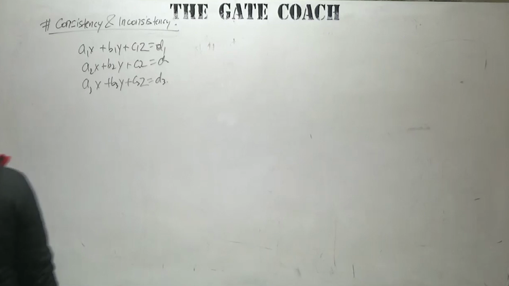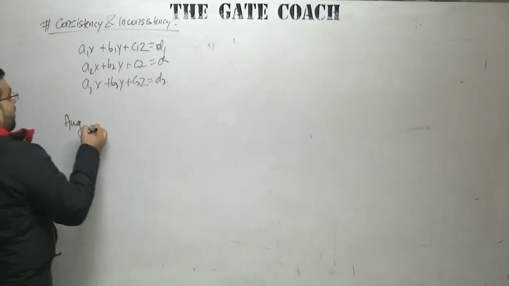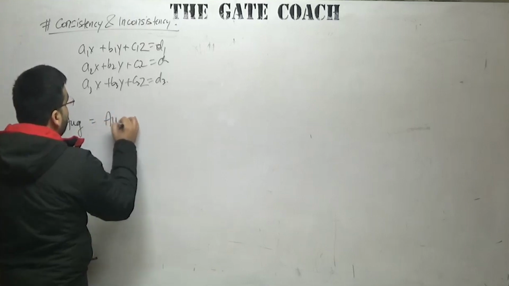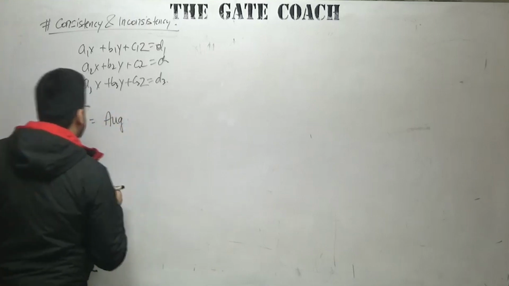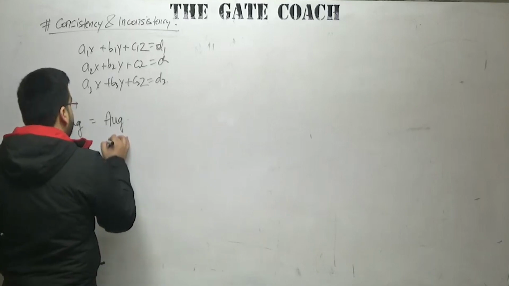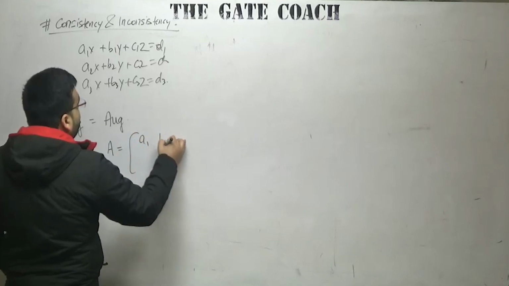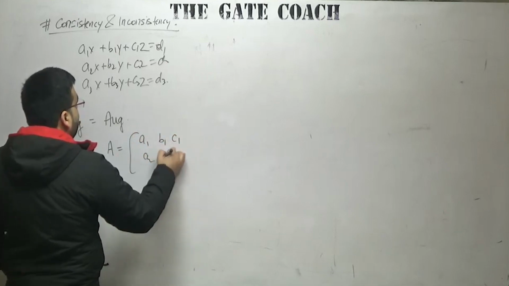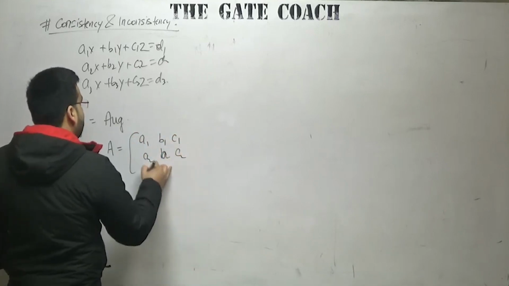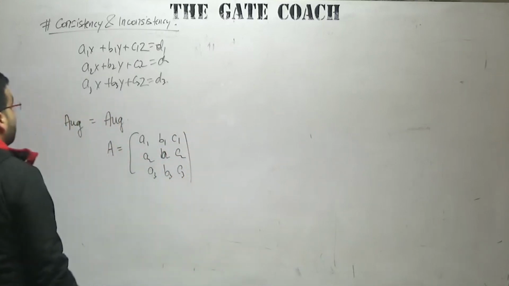So first of all, what we do is make an augmented matrix, which is also called the AUG, the augmented matrix. This matrix A will be equal to a1, b1, c1, a2, b2, c2, a3, b3, c3.